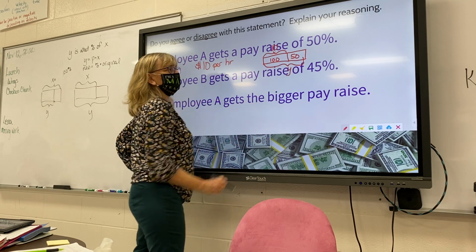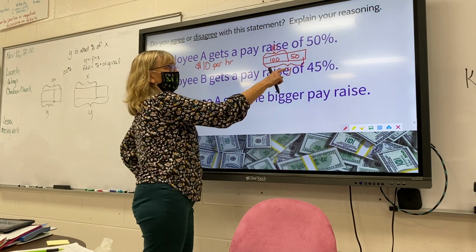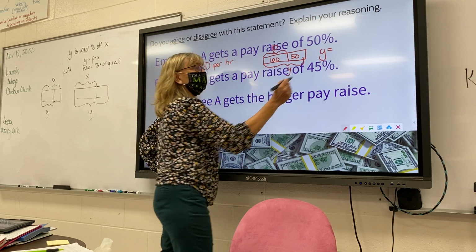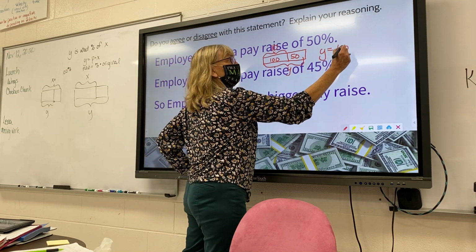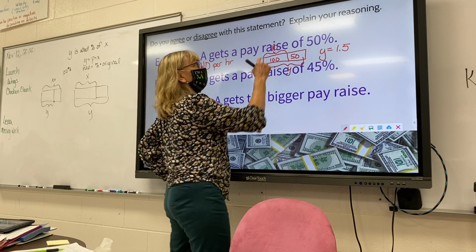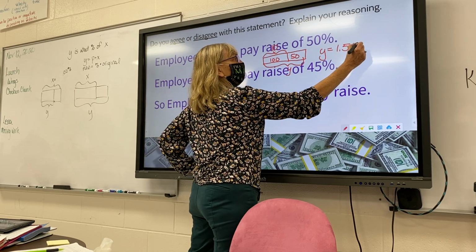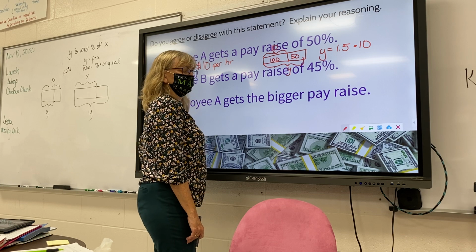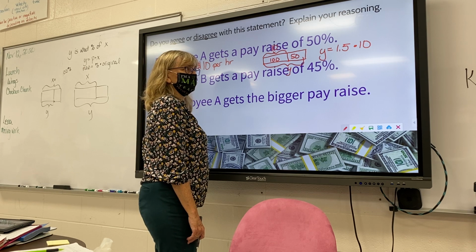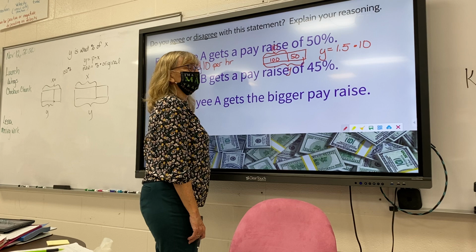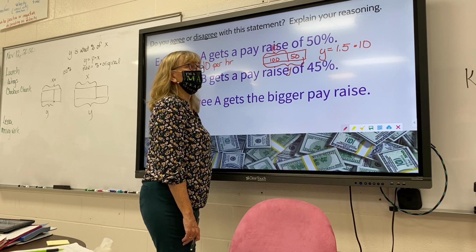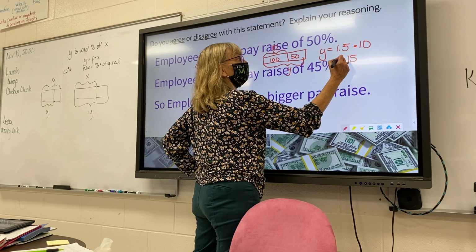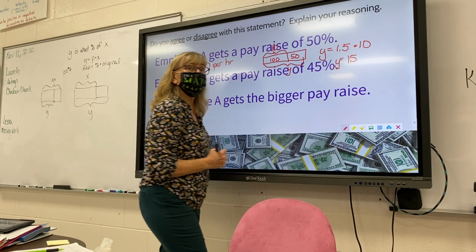This is 50%. So Y, we don't know, is 150%, which we're going to write as a decimal as 1.5, of means to multiply, times 10. So what is 1.5 times 10? 15. $15. So now he's making $15 per hour.